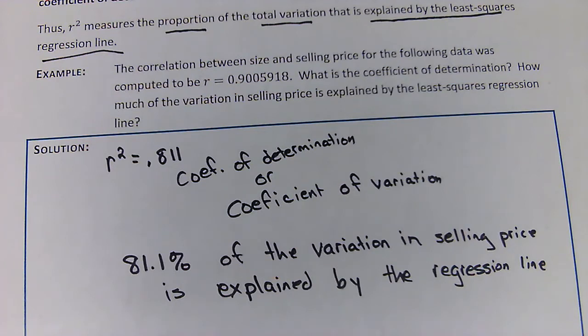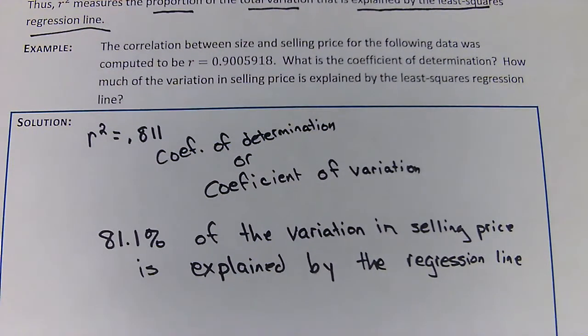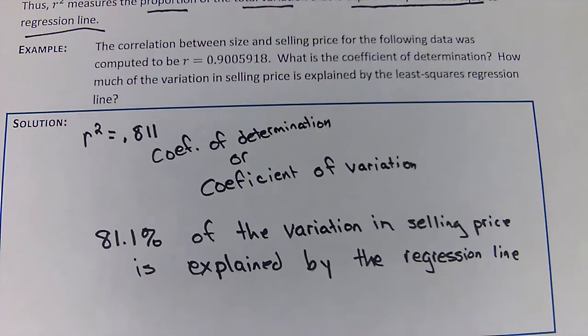And that's really good to know. So R squared is giving you the percent of the variation in selling price that is explained by the regression line.